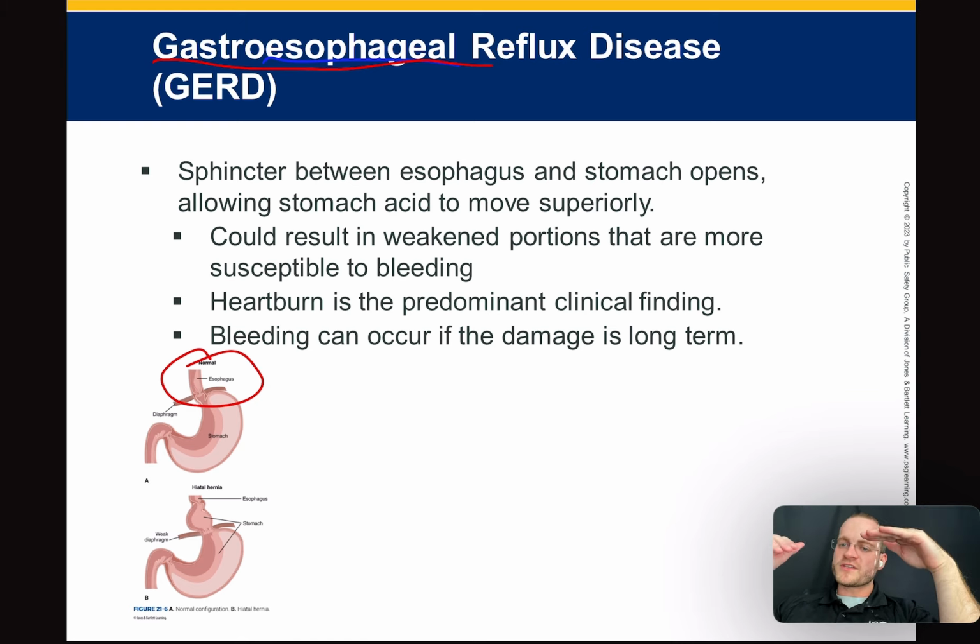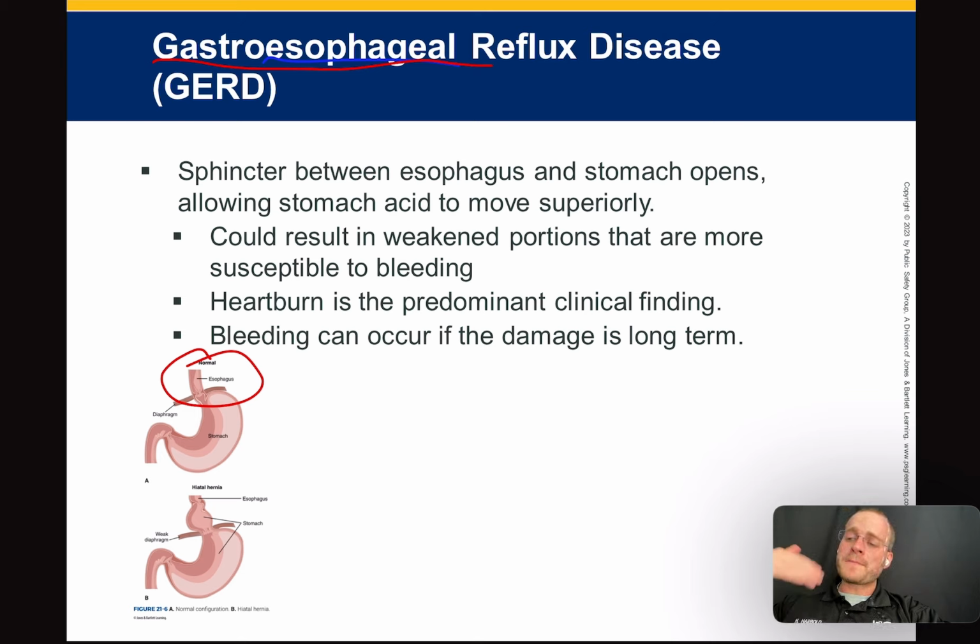And so the stomach contents, namely acid, can be shot back up through this weak, incompetent sphincter into the esophagus. Well, the esophagus isn't really made for stomach acid, so when that happens, it burns. So this is heartburn, right? But this is the more severe form of it that's chronic. GERD, right? Gastroesophageal reflux disease.